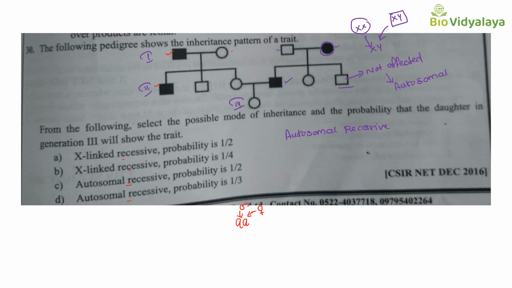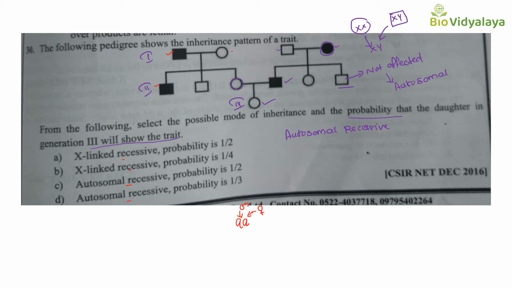Next we have to find the probability that the daughter in generation 3 will show the trait. Assume that this daughter is affected, then this mother should contain at least one recessive allele.